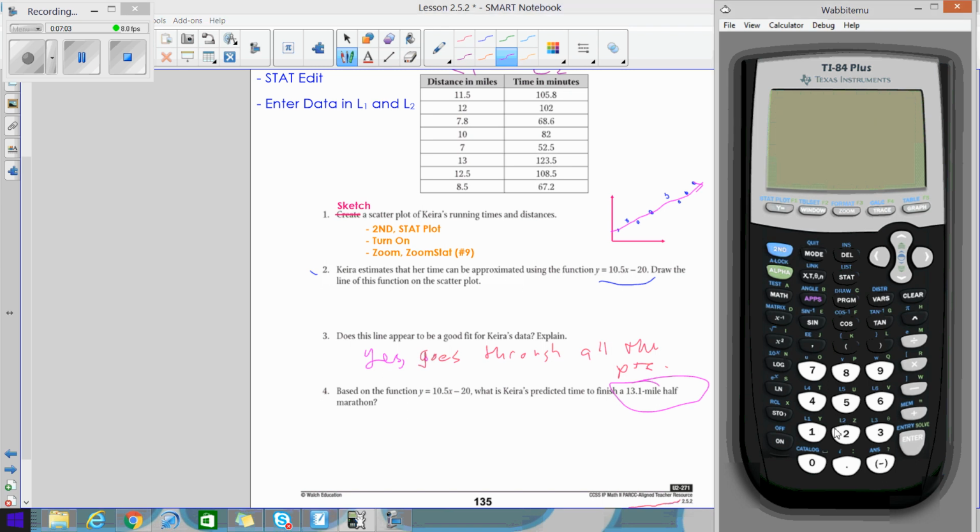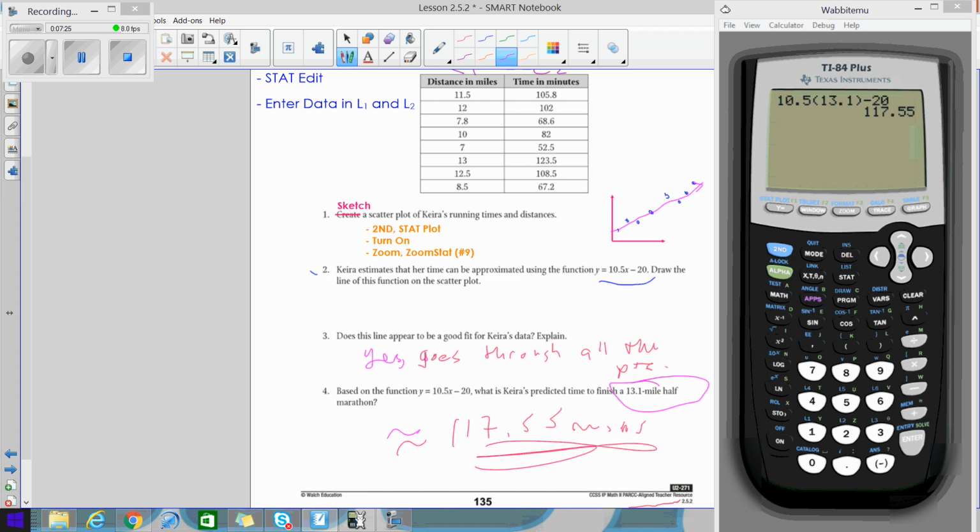You get approximately 117.55 minutes. So we'd say about 117.55 minutes. Ooh, and that's what we're doing today. We're using our line of best fit to figure that stuff out.